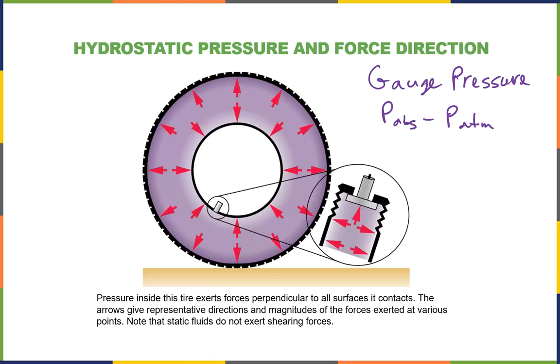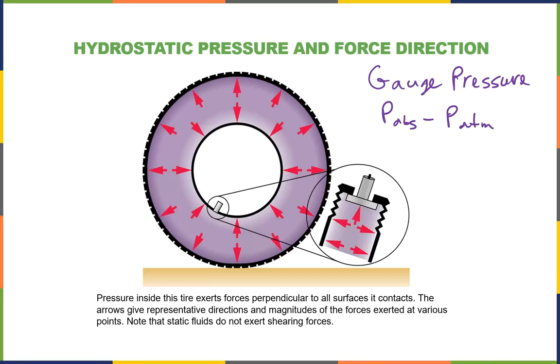Now, I've used pounds per square inch so far. That is clearly not the scientific standard unit for pressure. The standard unit for pressure is going to be, what's the unit for force? Newtons, divided by the unit for area, which would be meters squared.